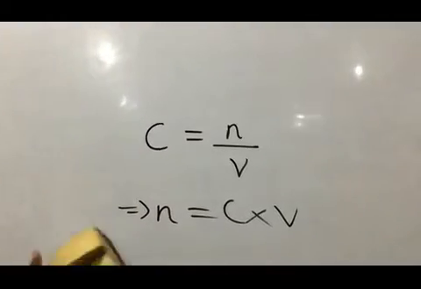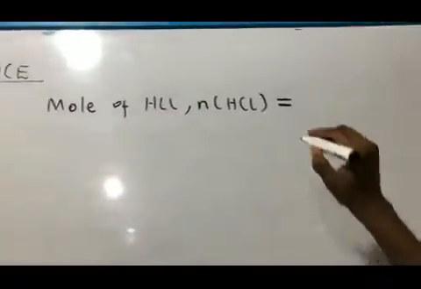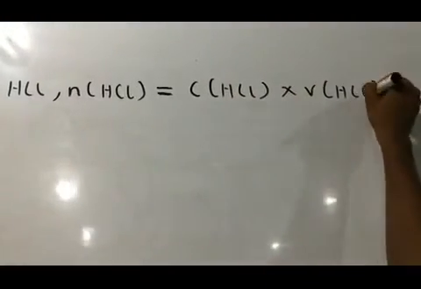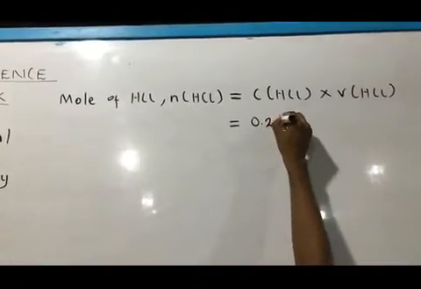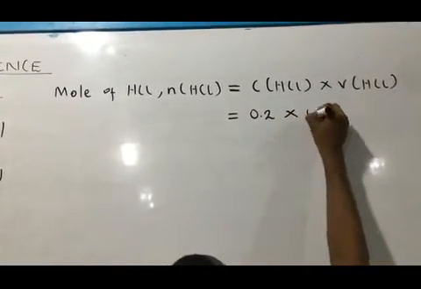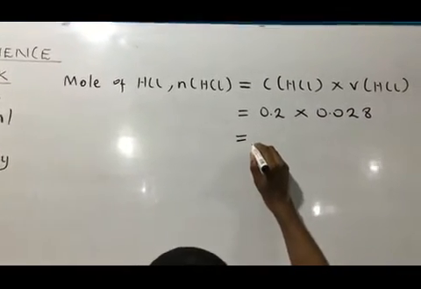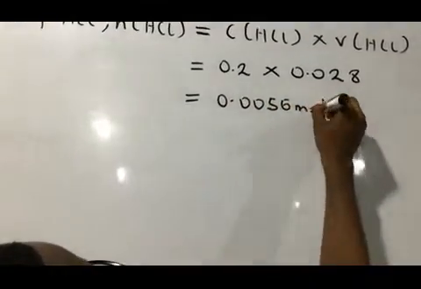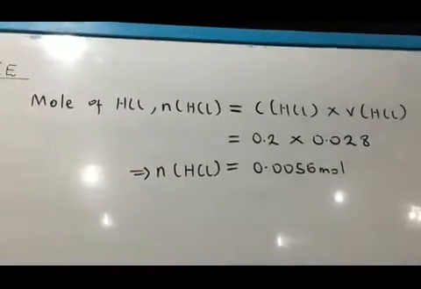Using n equals C times V, we calculate the mole. So mole of the HCl is equal to the concentration of the HCl times the volume of the HCl. The concentration is 0.2 and the volume is 0.028. If you multiply this, it gives you 0.0056. So this is the mole of the HCl.